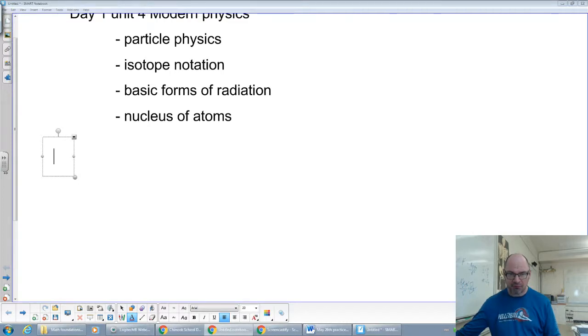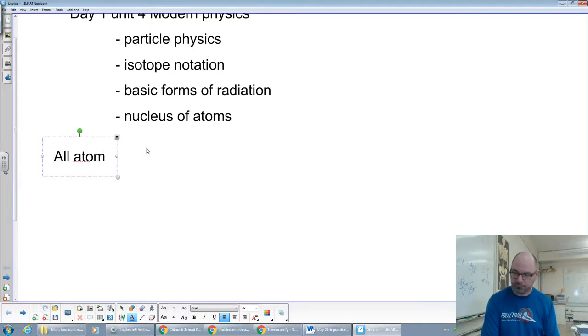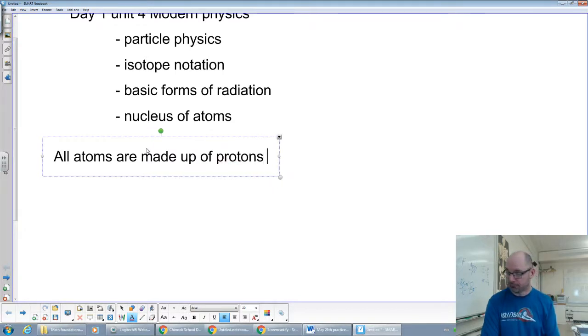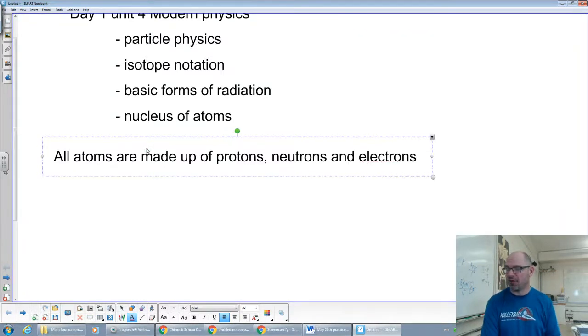So in chemistry, we know that all atoms are made up of protons and neutrons and electrons, at least in that theory. And these are all the atomic particles that we're going to deal with.